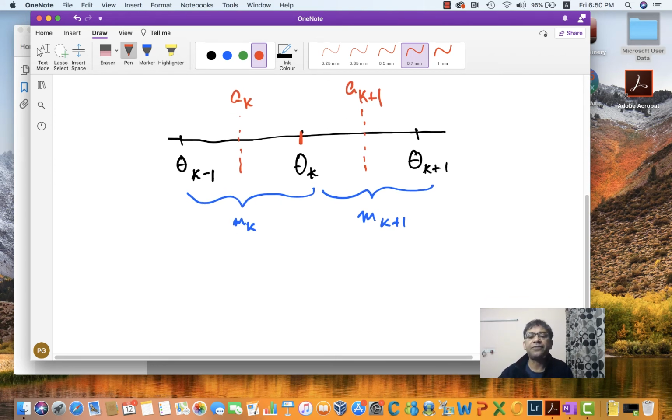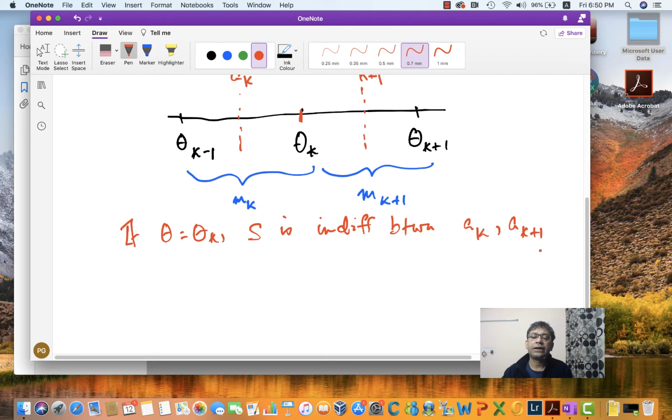So what does indifference mean? At theta equal to theta k, the sender is indifferent between the two adjacent messages, and therefore the two adjacent actions, which is ak and ak plus 1.